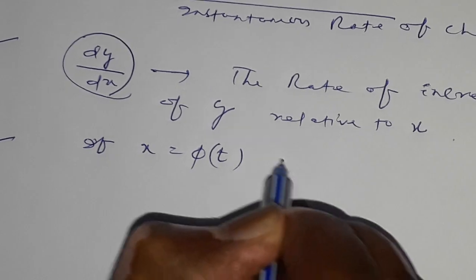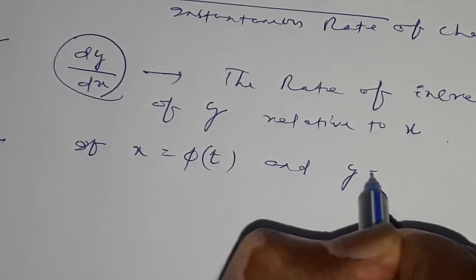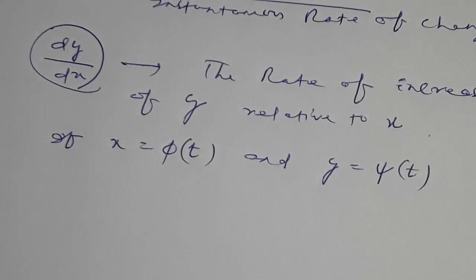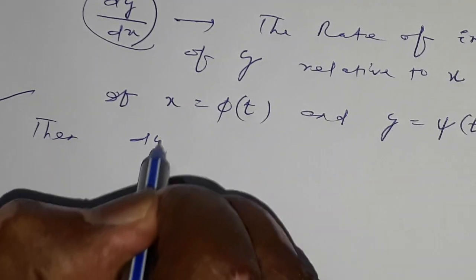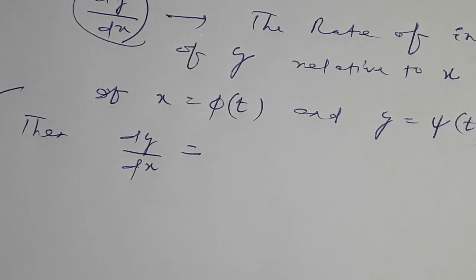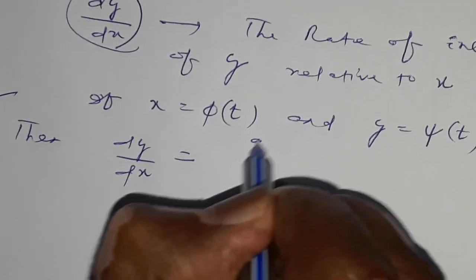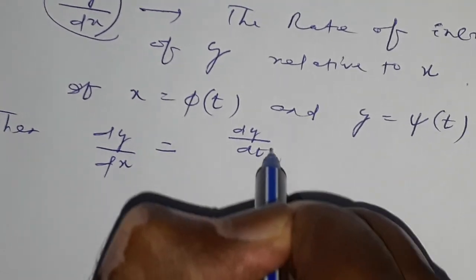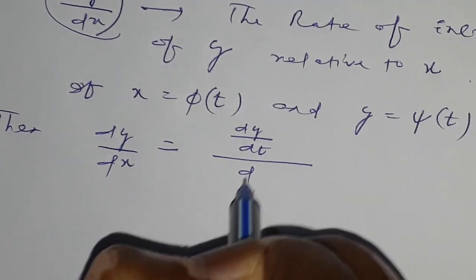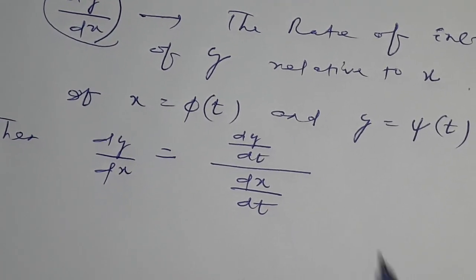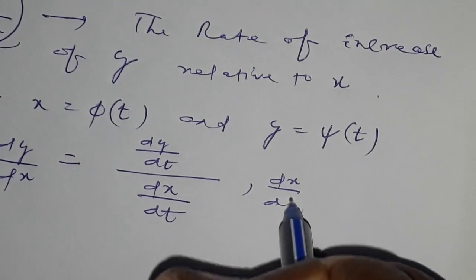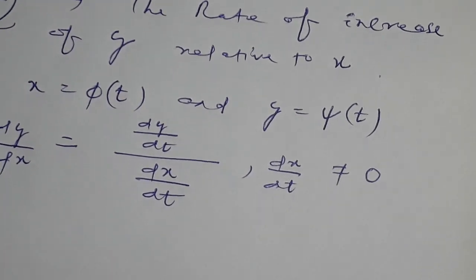If x equals phi(t) and y equals psi(t), then dy by dx equals dy by dt divided by dx by dt, provided that dx by dt not equals to 0.